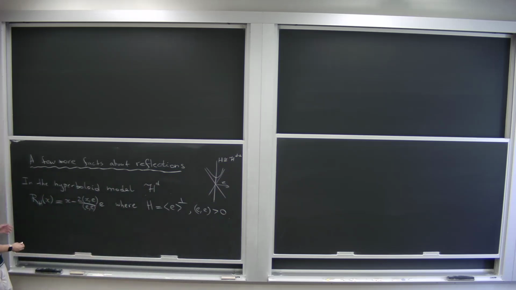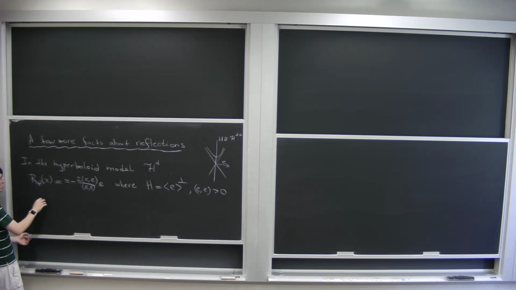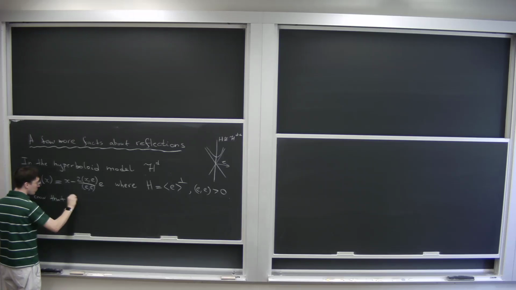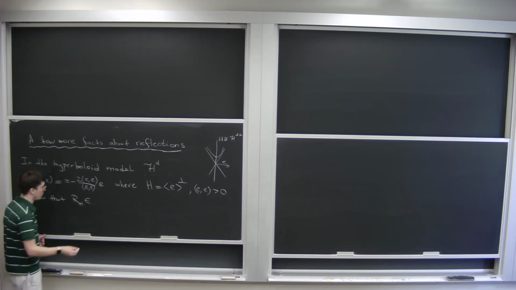So in the hyperboloid model, this is my reflection. We know that R_H belongs to the isometry group.